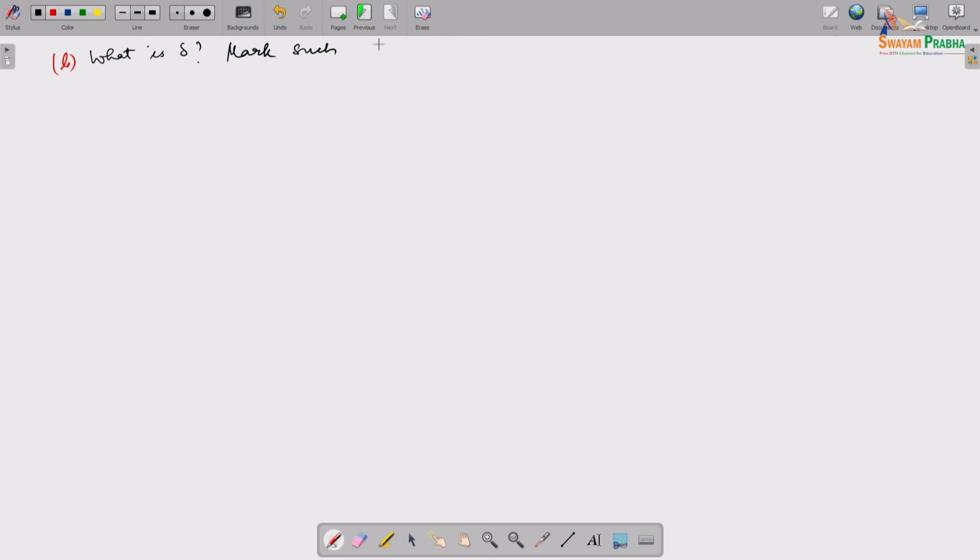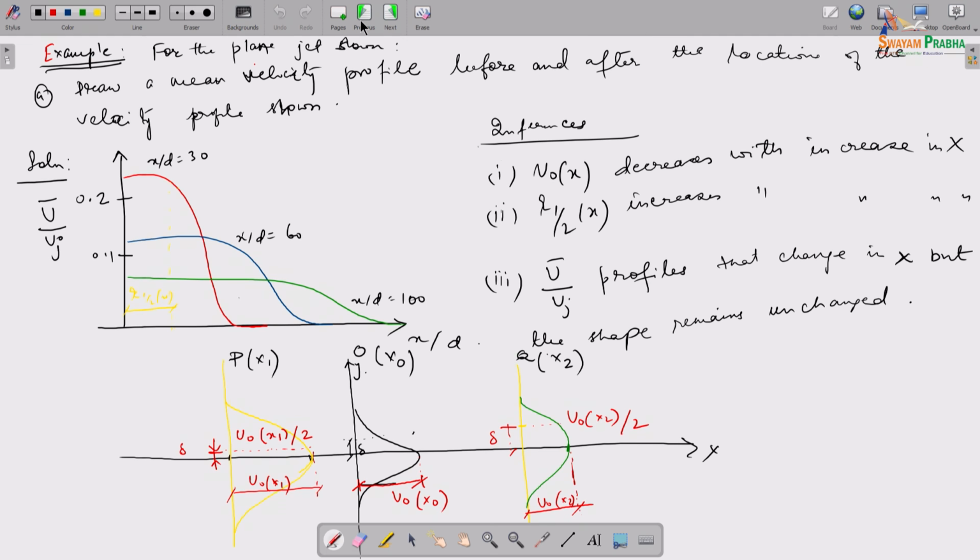Mark such deltas on the velocity profiles plotted. We've actually done that. What is its significance? So if I go back here, draw the delta.